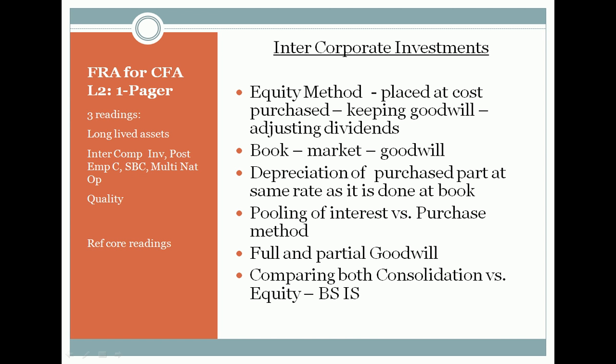So there are a few things here, and what would happen in both consolidation and the equity method, how would things change? When you go for consolidation, everything comes into you, but you use your cash to buy the equity, so your cash would go down in the final consolidated statements, and in exchange for that you will have some equity of the other company.